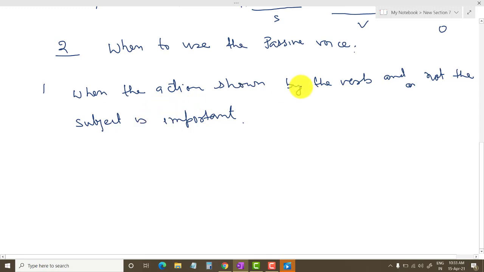It means in passive voice, the subject is not important, the object is important.